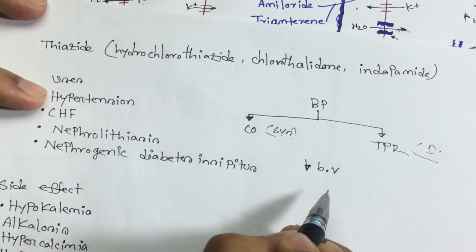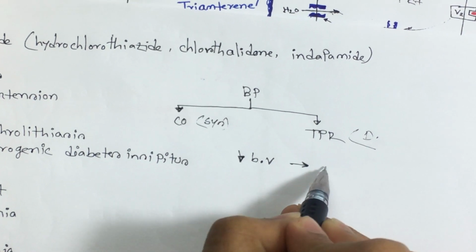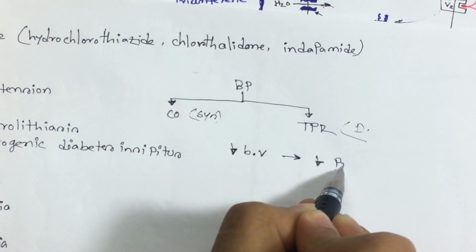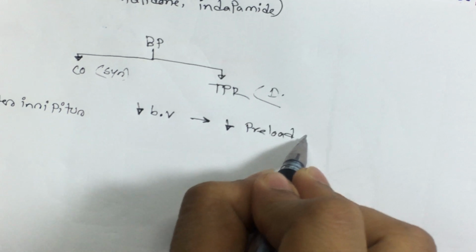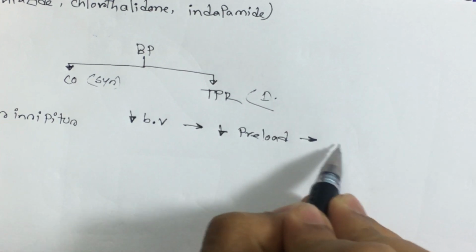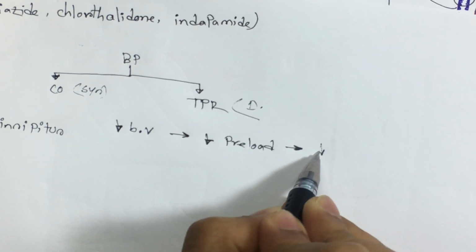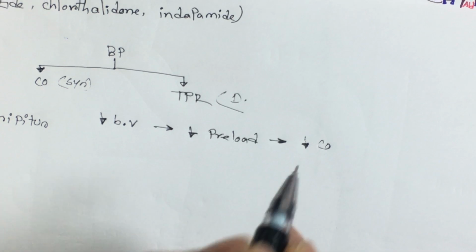Decreased blood volume means decreased preload. If we decrease the preload, it will decrease our cardiac output. How?